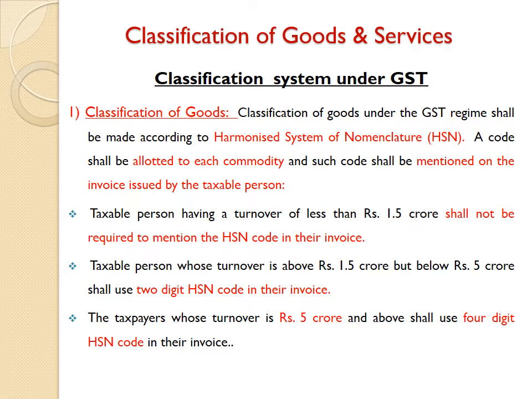Classification of goods under the GST regime shall be done according to HSN. HSN means Harmonized System of Nomenclature. A code shall be allotted to each commodity, and such code shall be mentioned on the invoice issued by the taxable person.